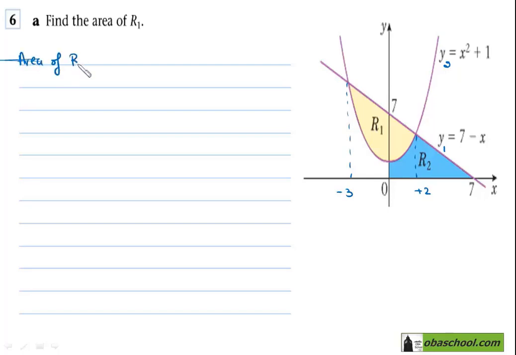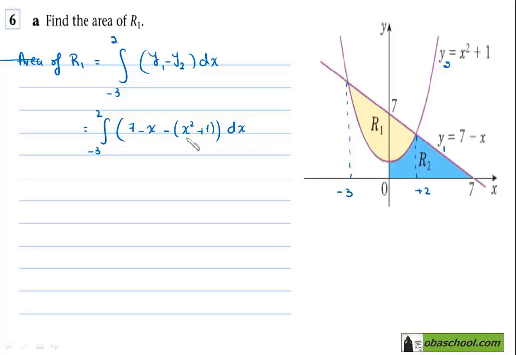Area of R1 is the integral of y1 minus y2 dx, where x starts at minus 3 and ends at plus 2. Okay, integral from minus 3 to plus 2, y1 is 7 minus x minus y2, which is x squared plus 1. We put it in parentheses, dx.